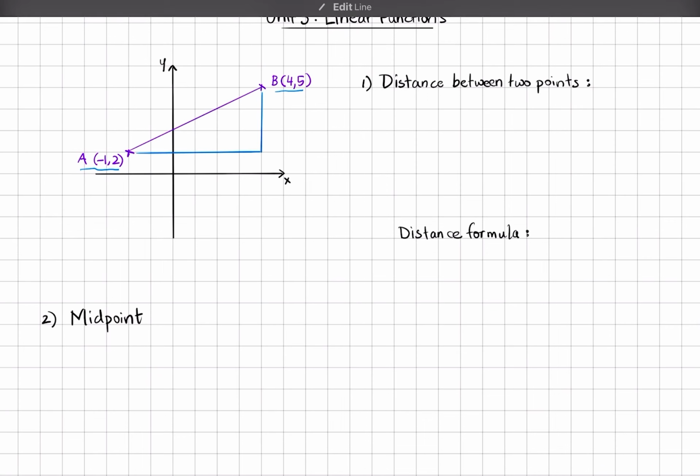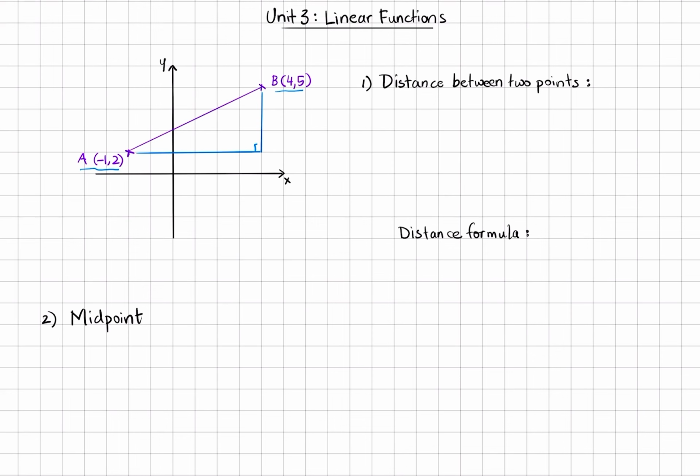And then what do we have? We have a right angle triangle, right? So, for our right angle triangle that we just drew, this line AB, so I'll call it line AB. Line AB is nothing more than our hypotenuse.